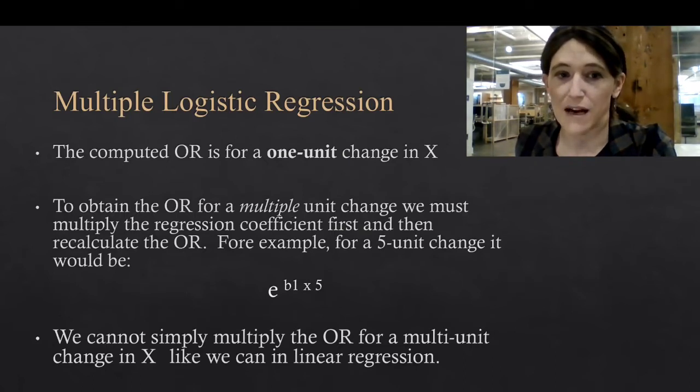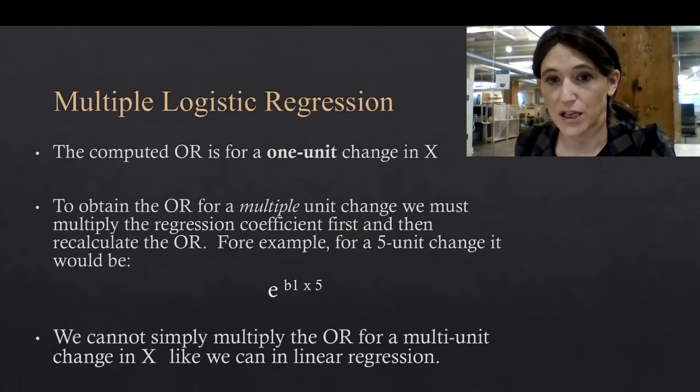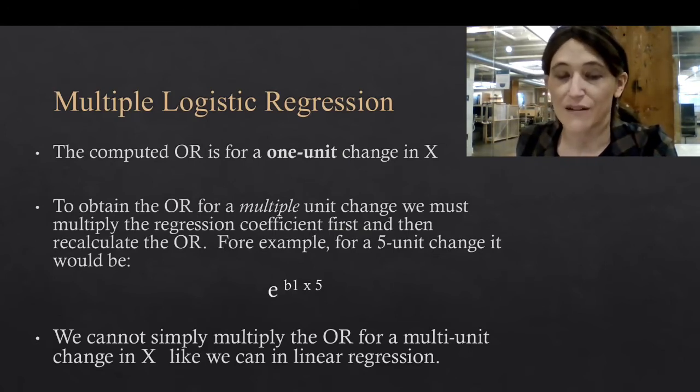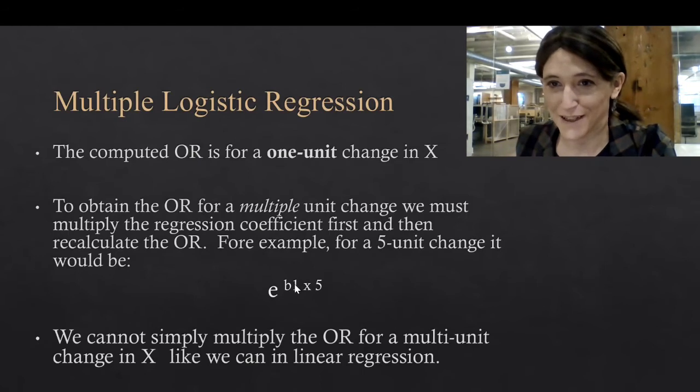To obtain the odds ratio for a multiple unit change, we must first multiply the beta coefficient and then recalculate the odds ratio. For example, for a 5 unit change, we would take that value e, that constant. It's on your scientific calculator if you're looking for it. In Excel, I think you would type EXP, raised to the beta power times 5 for a 5 unit change.